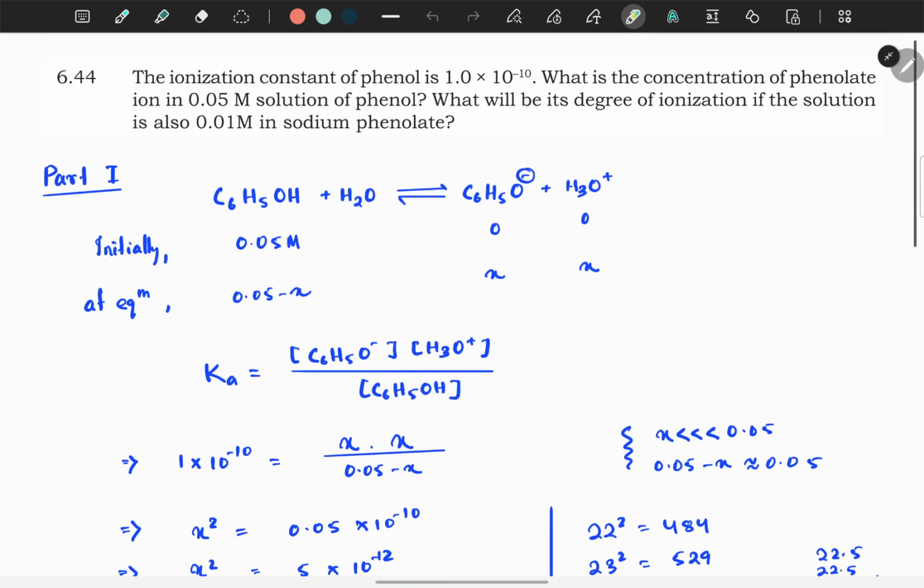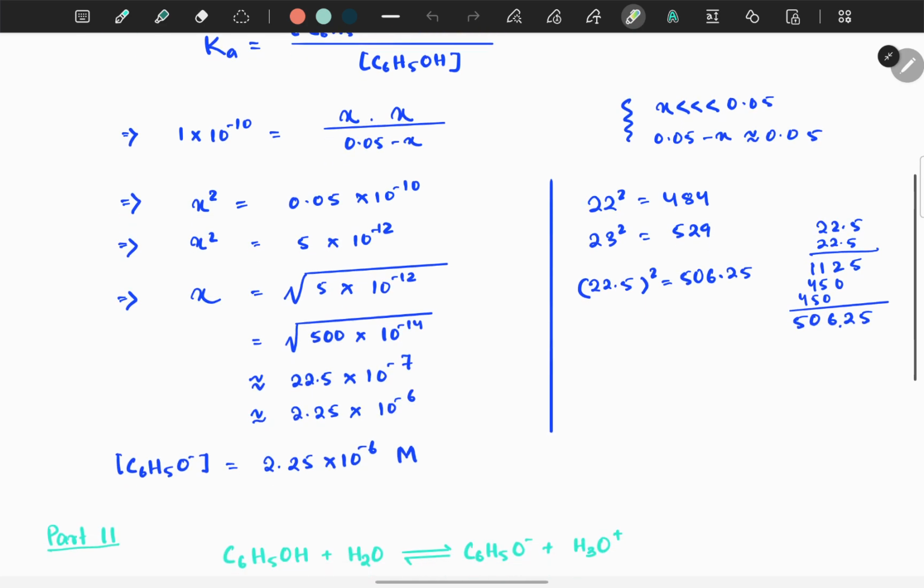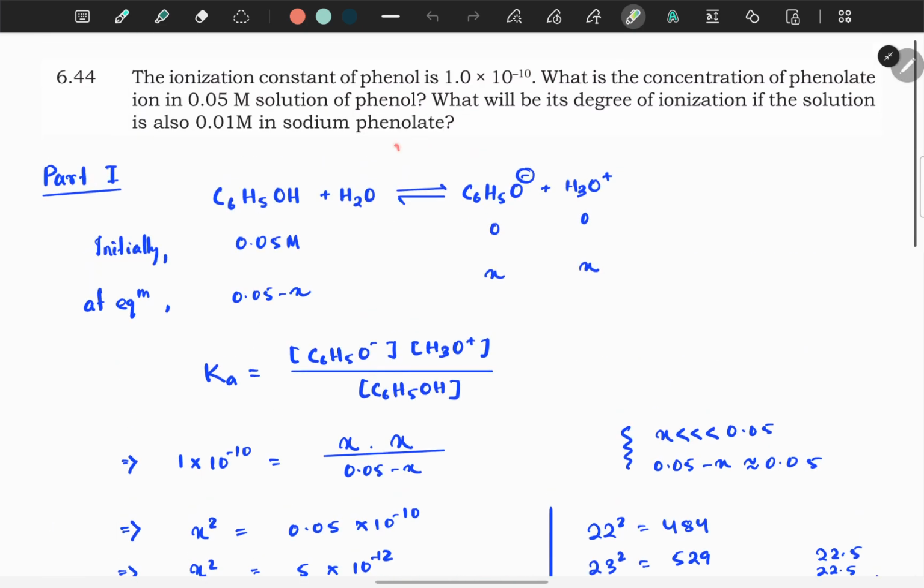In the second part, it has been asked the degree of ionization if the solution also contains 0.01 M sodium phenolate. As it contains phenolate ion, the sodium phenolate will dissociate into phenolate ion and sodium ion.